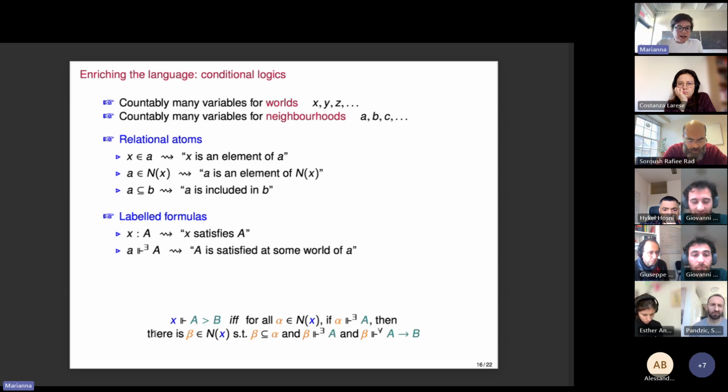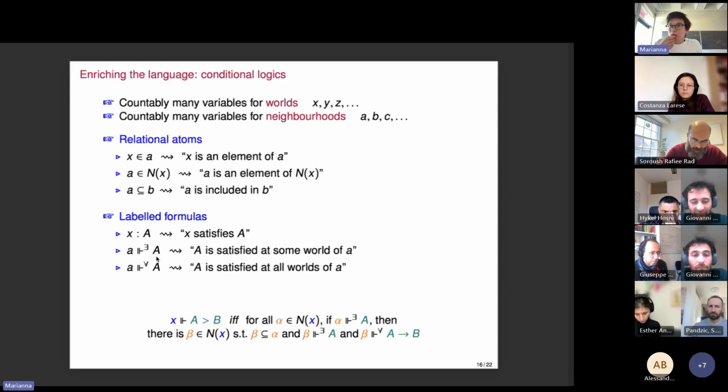So this means that I want to have labeled formulas talking about these things. Here is the same notation, to be suggestive. This means that A is satisfied at some world of the neighborhood.